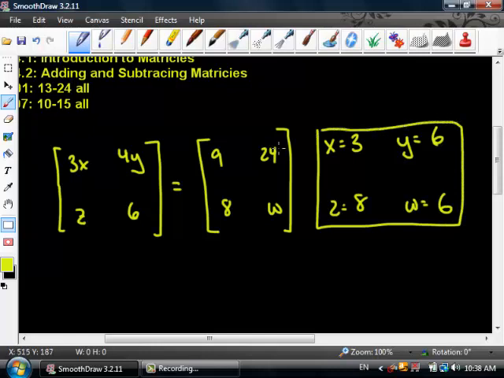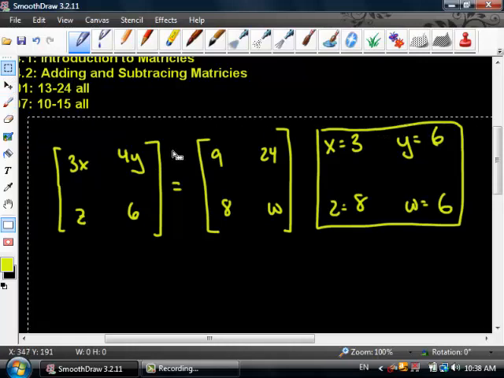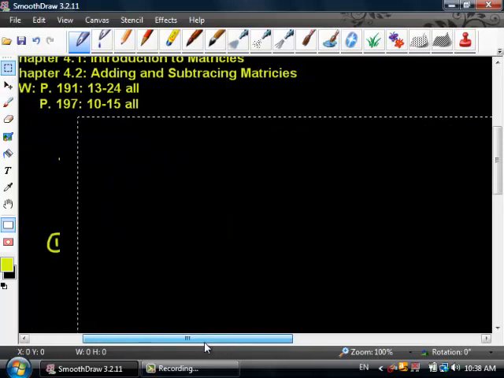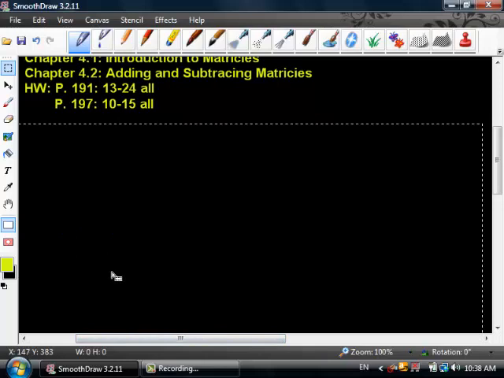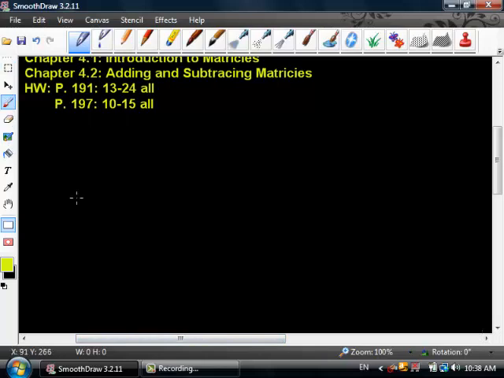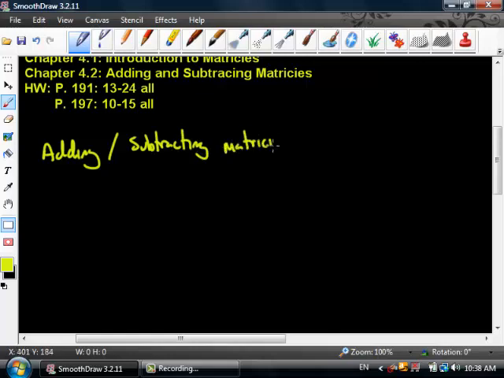Good. Okay. We have to move on to adding and subtracting matrices. Again, piece of cake. There's only one rule that you really need to follow with adding and subtracting a matrix. And I'm going to actually type this in.